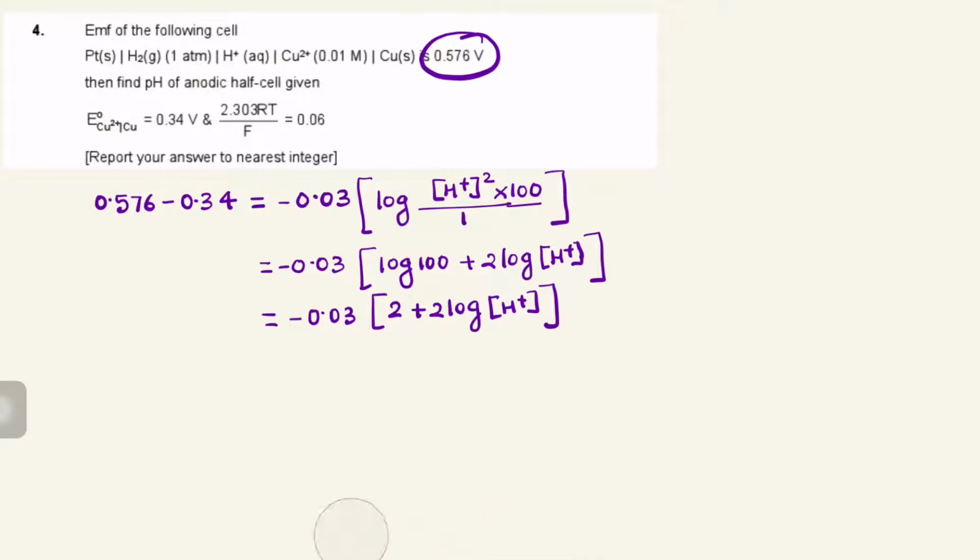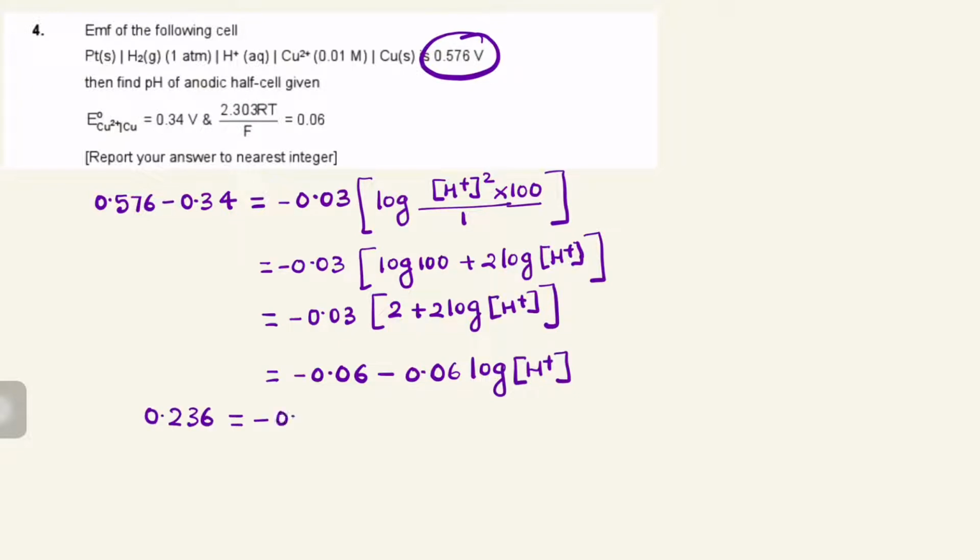Okay. Now further we can solve it as it will be equal to minus 0.06 log H plus. Now when we subtract this, that is 0.576 minus 0.34, we are getting 0.236.